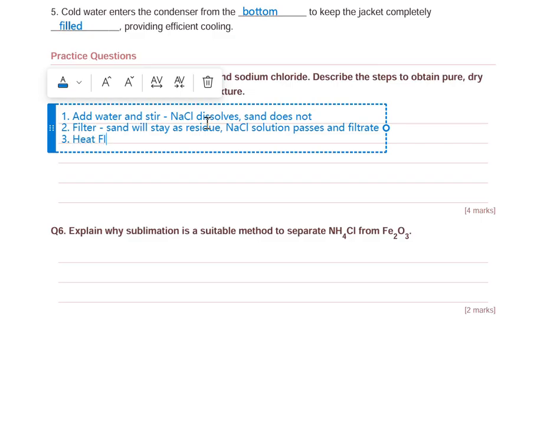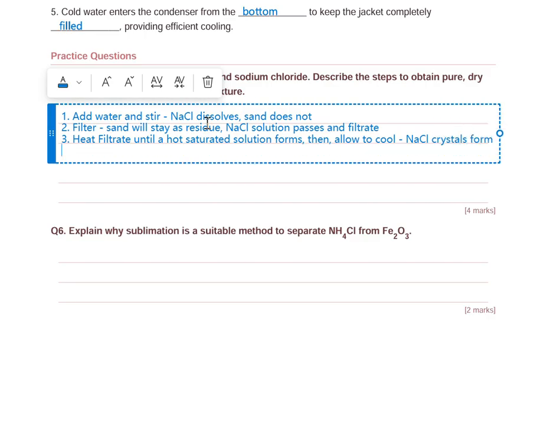So heat the filtrate until hot, until a saturated solution forms, and allow it to cool, which means NaCl crystals form.